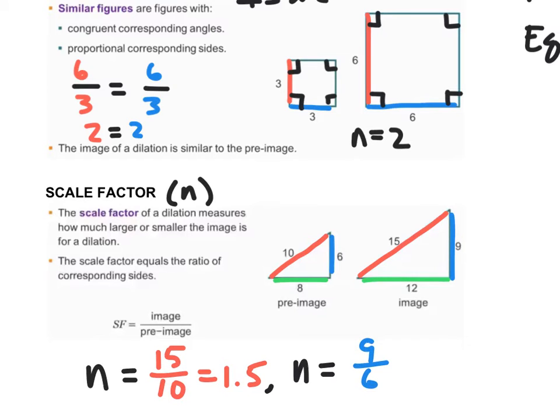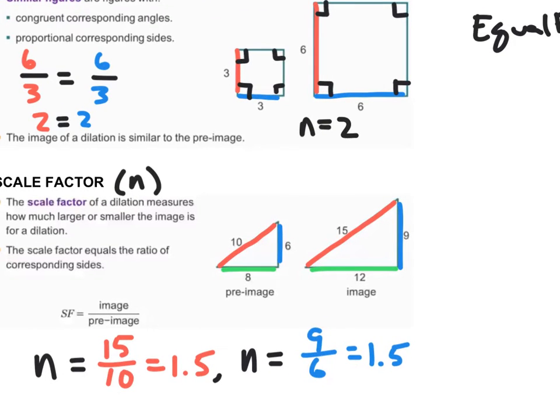If I do that division, I'm going to get 1.5 as a result, okay? Lastly, if I say, all right, well, n is equal to 12 divided by 8, all right, that's going to give me the same thing, a value of 1.5, okay? So my scale factor in this example is equal to 1.5, okay?